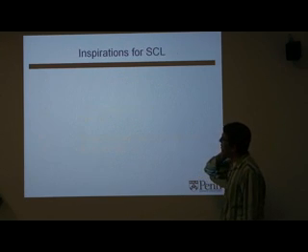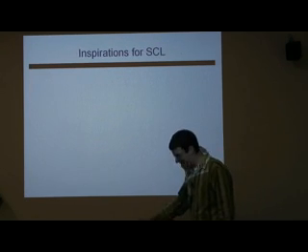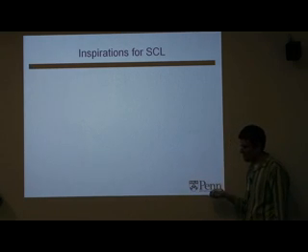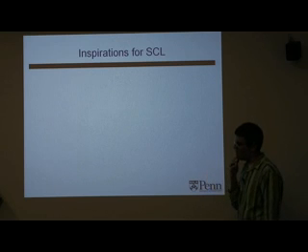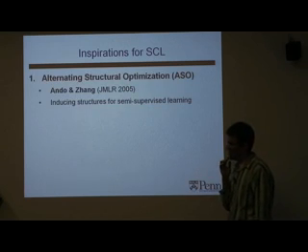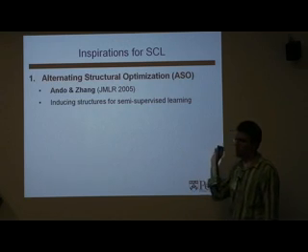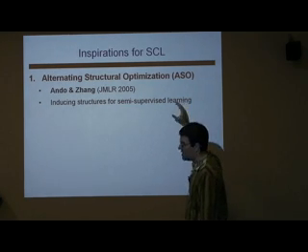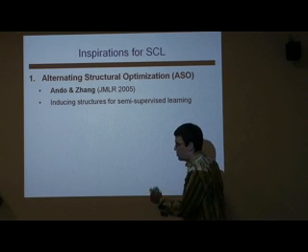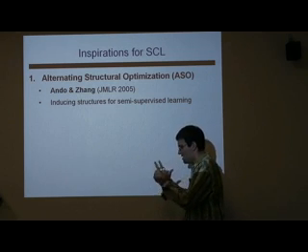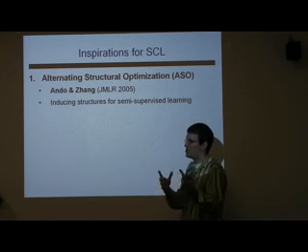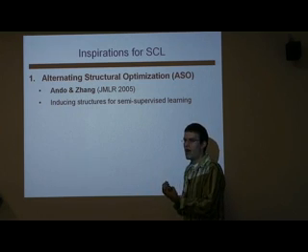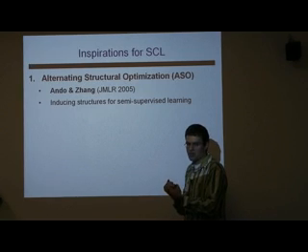OK, so before I go into the results, I want to stop and mention two direct inspirations for my design of SCL. The first is alternating structural optimization, which is a semi-supervised technique by Ando and Zhang. The idea there is, again, to use auxiliary predictors on unlabeled data, to train discriminative models on unlabeled data, and use that to characterize a reasonable hypothesis space for doing good discriminative learning.